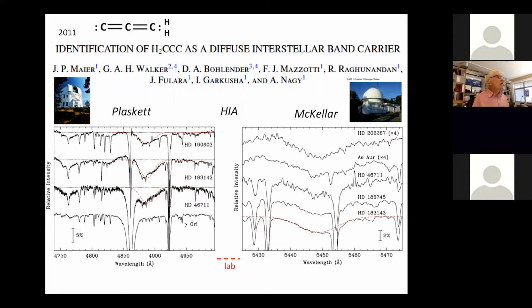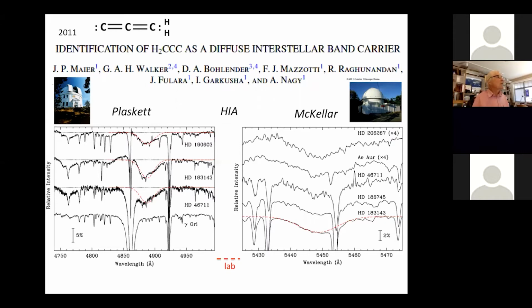And when they took spectra of that in the lab, the spectra are these red dotted lines in these individual spectra. You've got an extraordinary coincidence between diffuse bands, particularly that one at 5450, a broad band. These were lifetime effects that were giving the breadth to the line, and also the one at 4883. And the agreement seemed almost too good to be true.